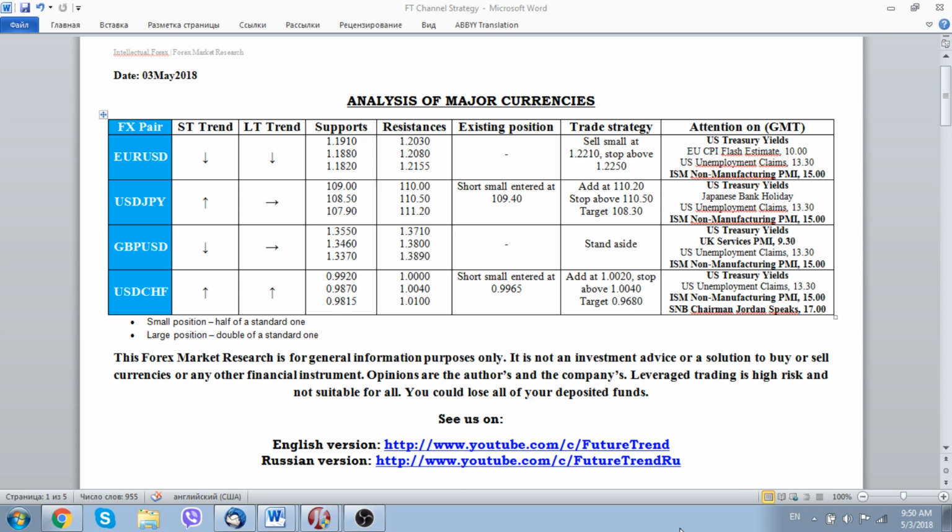From that point of view, we should pay particular importance to the incoming United States economic barometers, and the labor market report scheduled for this Friday should take the first place in this row.